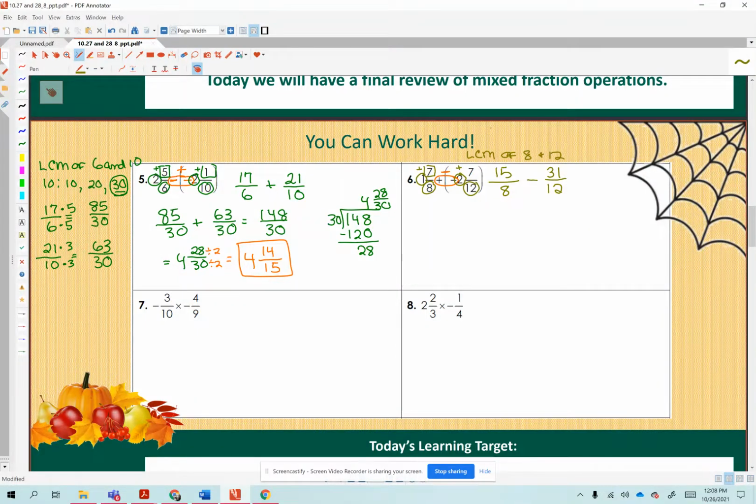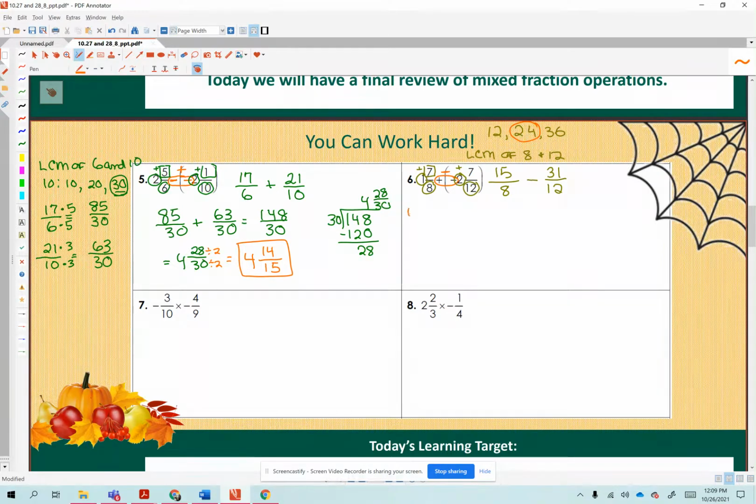So if I look at multiples of 12, I have 12, 24, 36. And when I look at the 24, I know that's also a multiple of 8. So I'm going to rewrite them to have a denominator of 24.